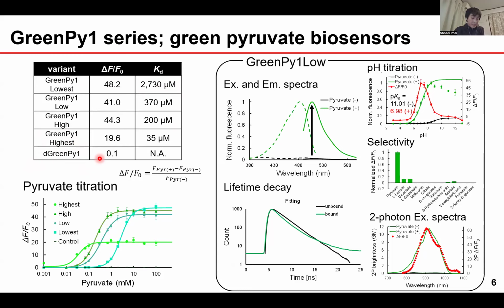This control is essential because metabolic perturbations often involve pH changes, and it helps confirm that observed fluorescence changes are not pH artifacts. We also tested selectivity and two-photon excitation, and these sensors are sufficiently selective to pyruvate and compatible with two-photon excitation imaging.